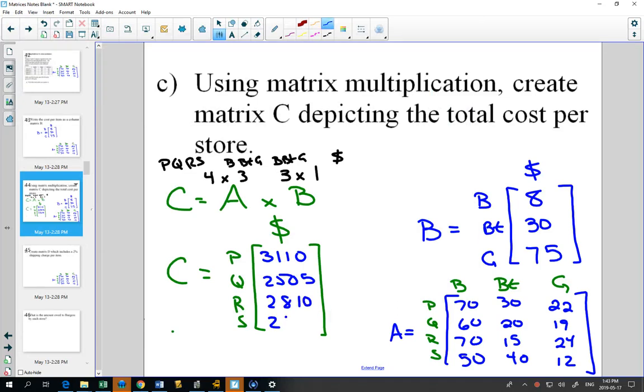What the matrix multiplication just did for us is it did a bunch of it all at once. It took this row multiplied by that column, added it up. The next row multiplied by the next column, added it up. The next row multiplied by the next column, added it up, and we got all the totals for all the stores with one simple calculation.